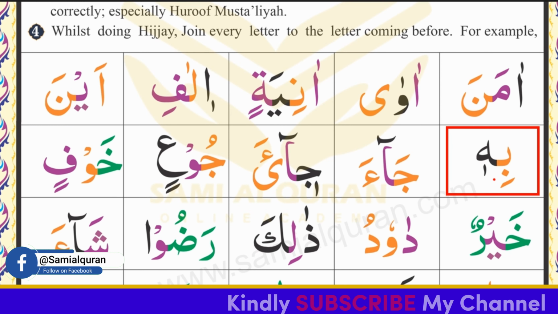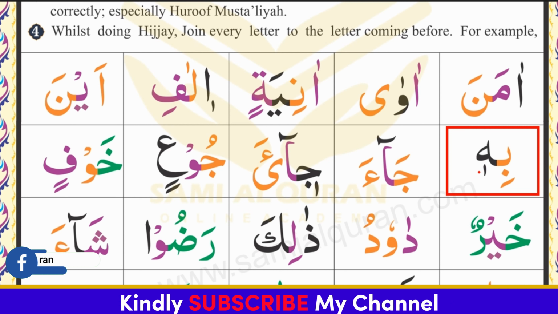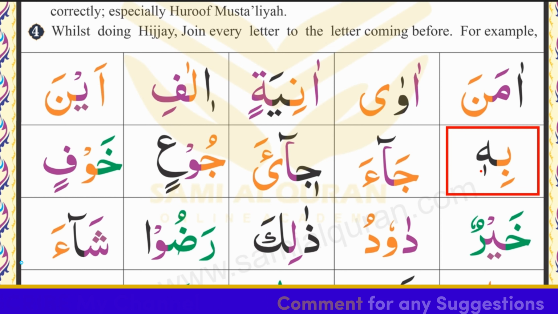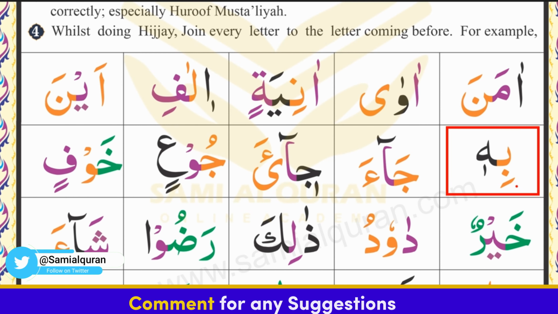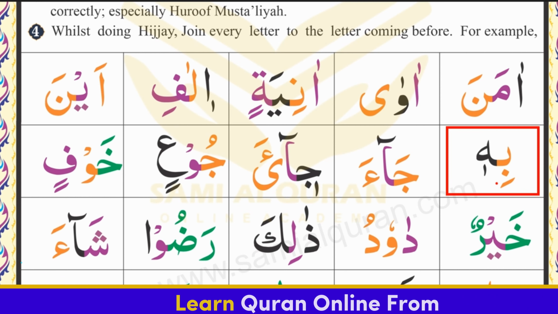Ba kasra bi, ha standing kasra hi, bihi. And here we only long the ya, and the ba we don't long because it has kasra, as we say bihi, waqfan, bih.